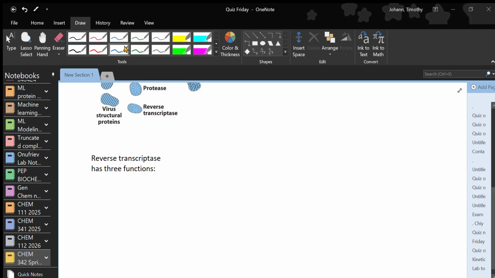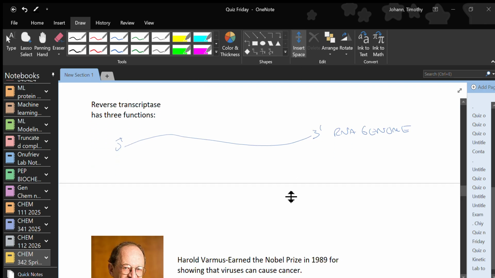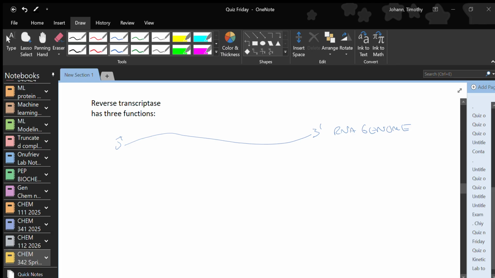So you start off with, let's say this is my RNA genome. And this is really the reverse transcriptase, officially reverse transcription. All right, so the first part is going to be reverse transcription.